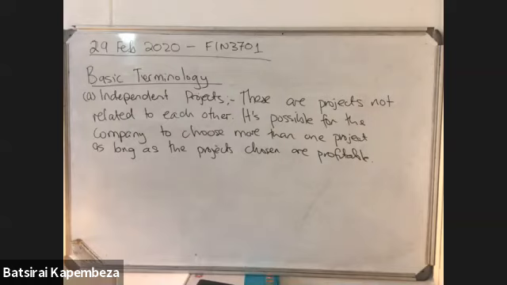They don't affect each other. They are allowed to invest in as many independent projects as they want, as long as the projects are profitable. As long as the projects are bringing money into the company, then the company is free to invest in as many independent projects as they want. And also as long as the company has sufficient money to invest in these projects.